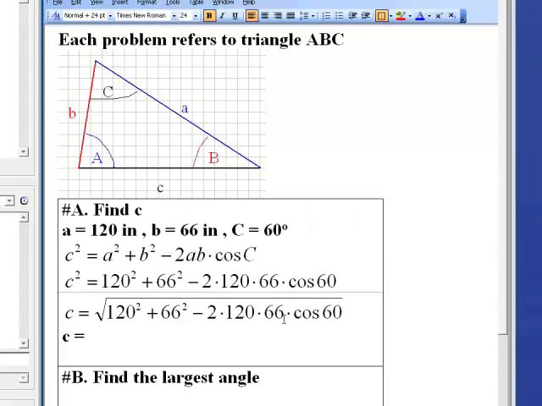And now this one here I'm going to do on the side. So it's going to be the square root of 120 squared plus 66 squared minus 2 times 120 times 66 times the cosine of 60, which is 104, rounded.